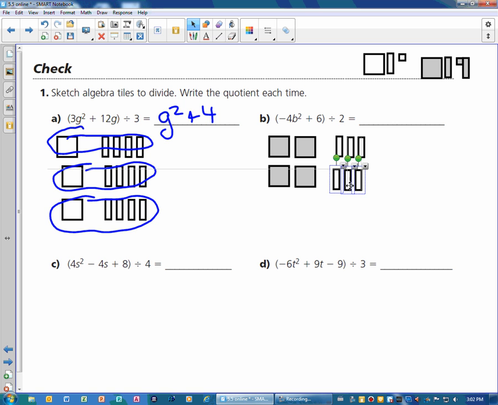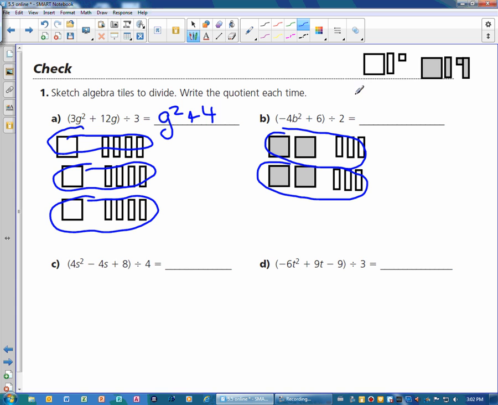Okay. Negative 4b squared plus 6 divided into 2. Same, divided into 2 separate equal groups. There's one. There's the other. So when negative 4b squared plus 6 is divided into 2 separate groups, I have negative 2b squared plus 3.